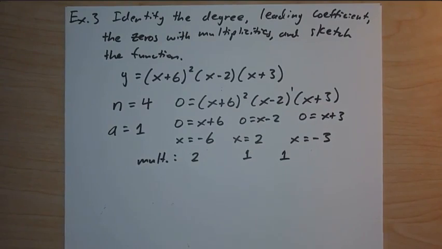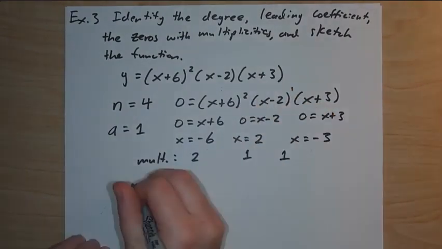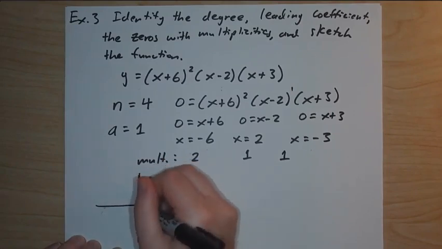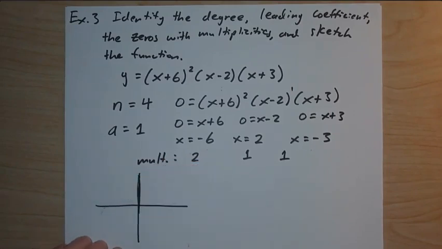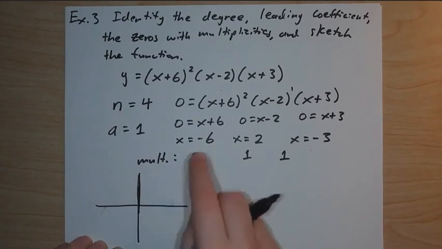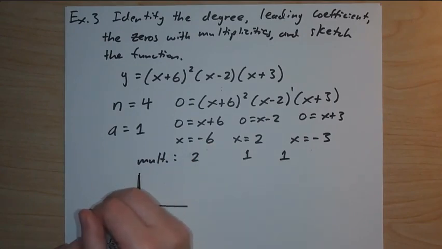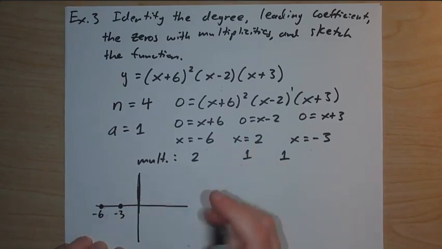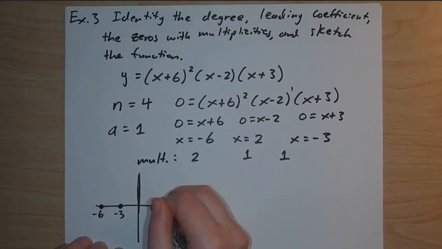So moving along, we want to sketch the function. So we have 3 zeros. We have negative 6, and we have negative 3, and we have positive 2.